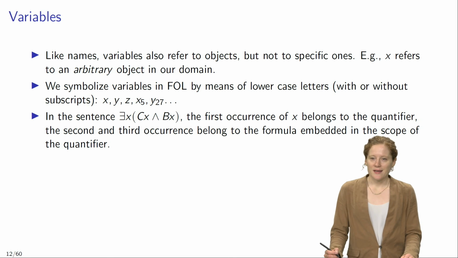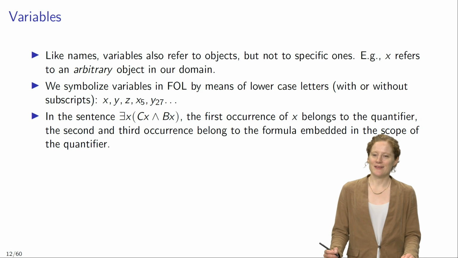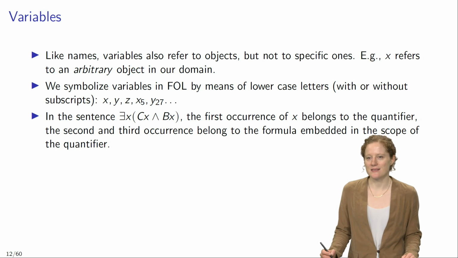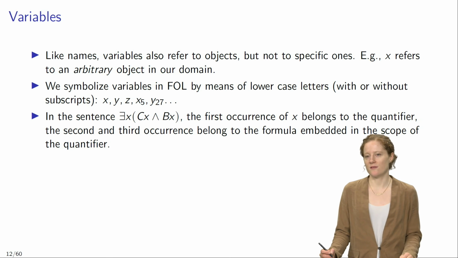Now, when you look at a quantified sentence, in most cases, you're going to see multiple occurrences of a given variable. So for example, in the sentence here, you see three occurrences of the variable x.